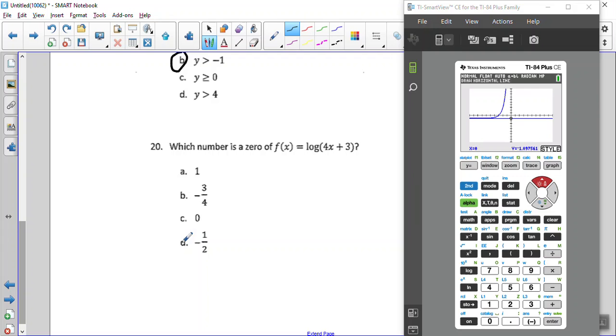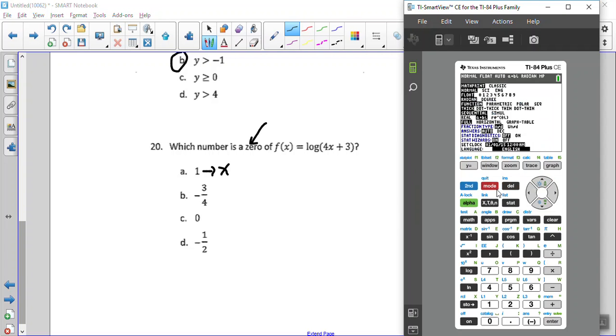Okay. What number is a 0 of a function? So 0 means you can either plug them in and it gives me 0, or it gives me an x-intercept at one of these numbers. But the easiest way to find the 0 of a function is to plug these in for x and see if my function gives me a 0.